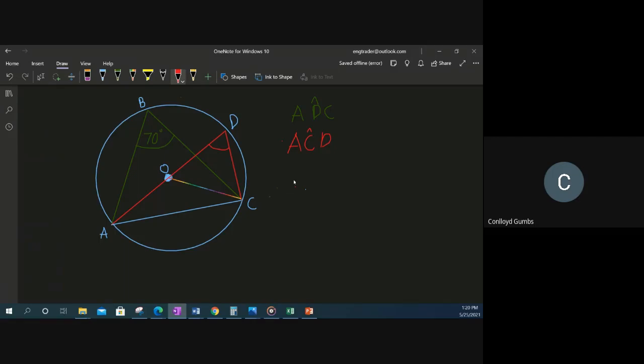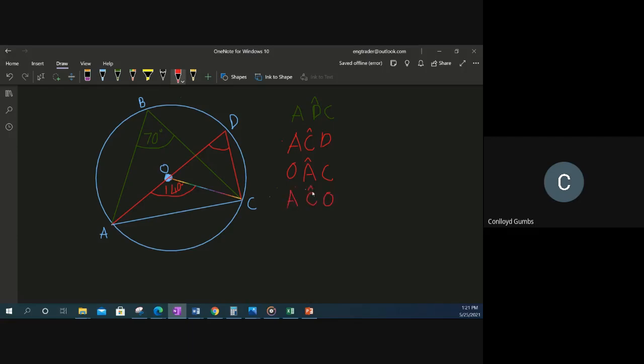Another angle I want you to find is, let me tell you what this one is. This one here is 140, which is another rule. Just showing you quickly, this angle here will be double this. I'll explain that after. That's the next rule we can look at. So I want you to figure out ACD, ADC, OAC, ACO.